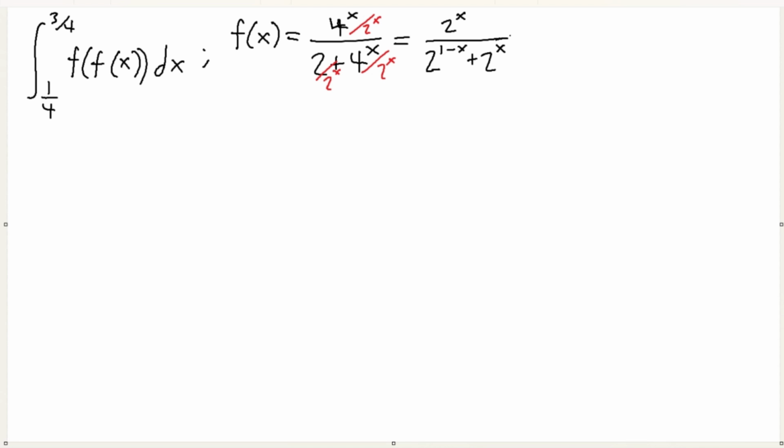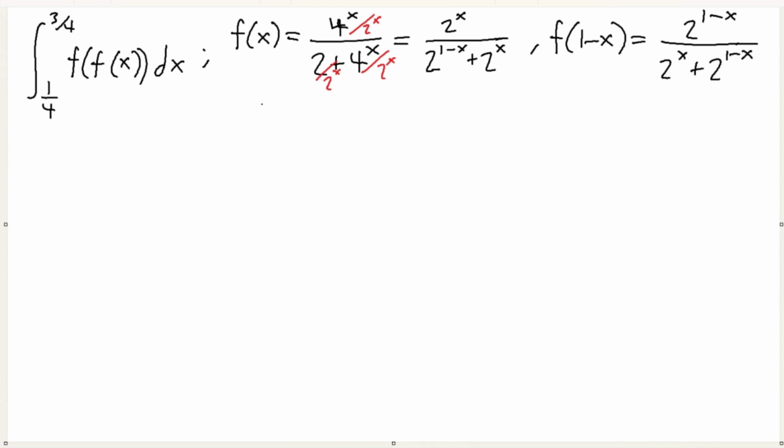We're not doing King's rule with the function, but notice that f of 1 minus x makes no difference with the denominator. If you do 1 minus x here, it's going to be x.